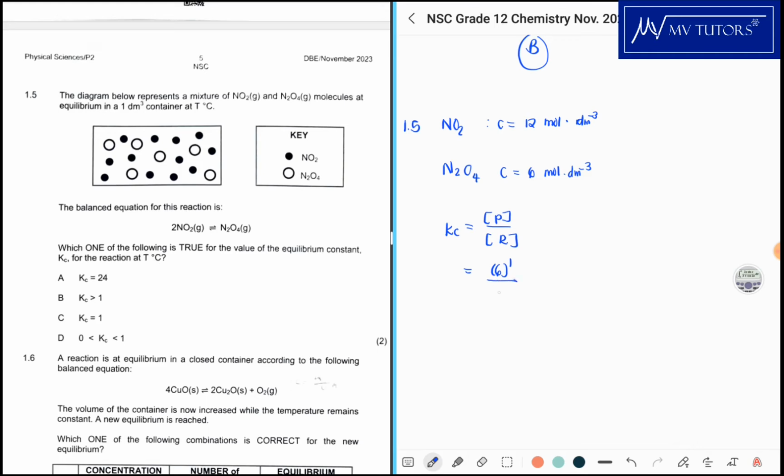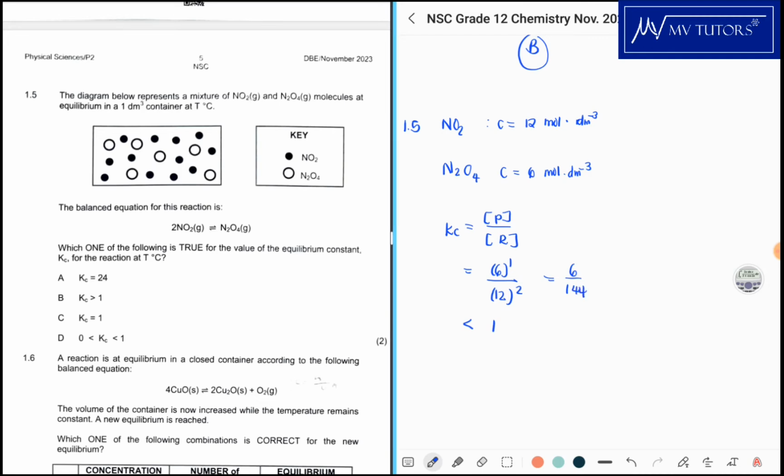And then your reactants, you have 12, and you have 2 moles of nitrogen dioxide, so to the power 2. So we can see our Kc value ultimately is less than 1. You have 6 over 144, so it's definitely less than 1.